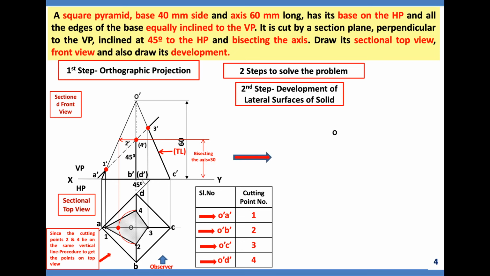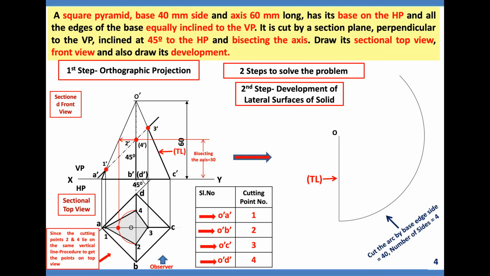development. On the plane surface, mark a point, draw a line, the dimension equal to true length, then with O as center, radius equal to true length, draw an arc. Now, since it is a square pyramid which has got 4 edges, side size equal to 40 mm, set the compass to 40 and cut this arc 4 times.